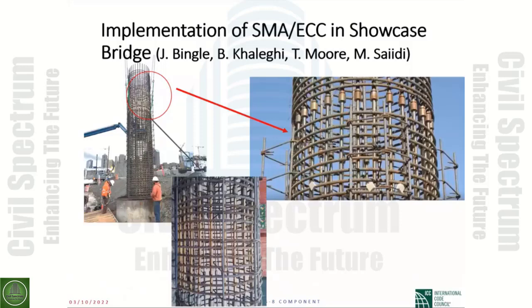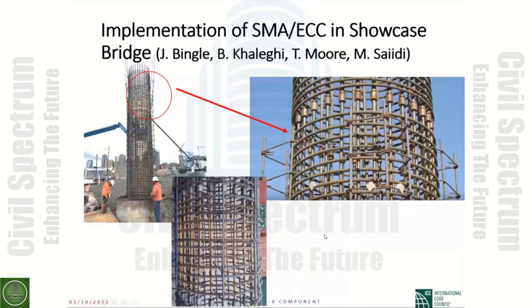So I'm going to just show you a couple of slides about how this bridge was constructed. We use nickel titanium in the plastic hinge of the column. We use couplers to connect these nickel titanium bars. These are 30 millimeter diameter, connected to steel bars above and below, because the rest of the column did not need to use this expensive material.